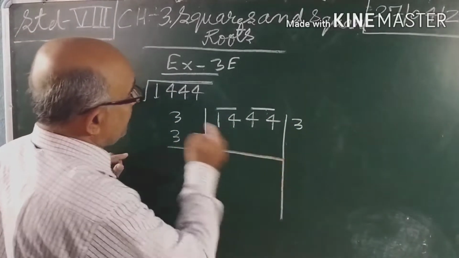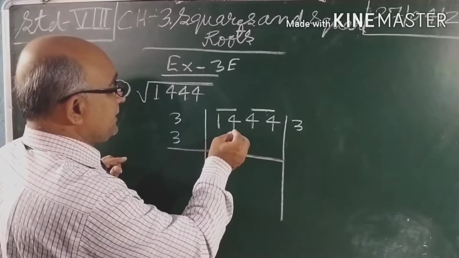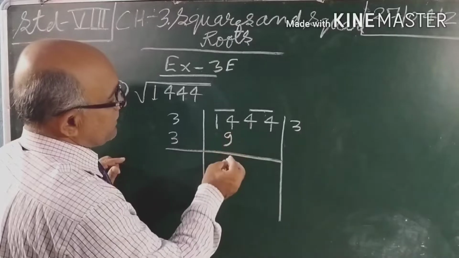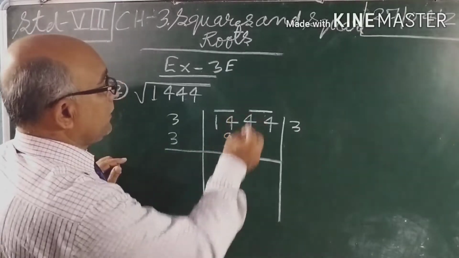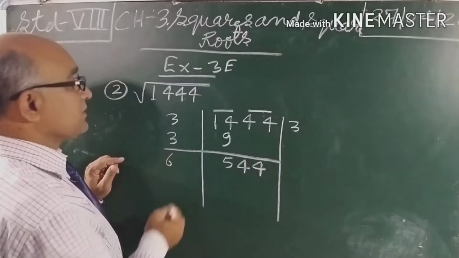Write it with the same gap. 3 3 are 9. 14 minus 9 is 5. Now bring down 44. 3 3 is 6.